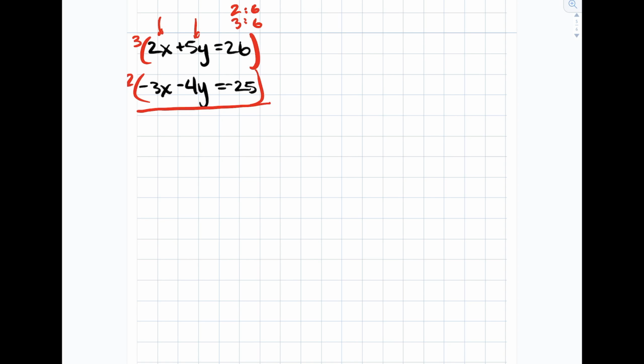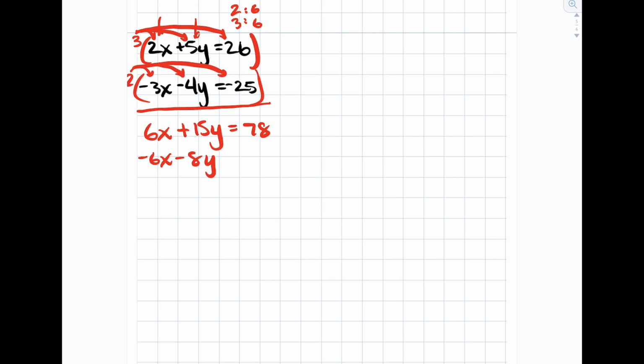So the top one becomes 6x, right? And then 3 times 5 is 15y, and 3 times 26 is 78, and 2 times negative 3 is negative 6x, and 2 times negative 4 is negative 8y, and 2 times negative 25 is negative 50.